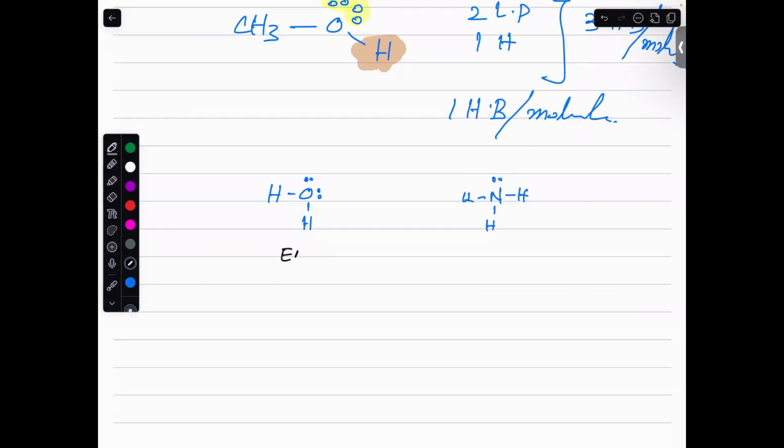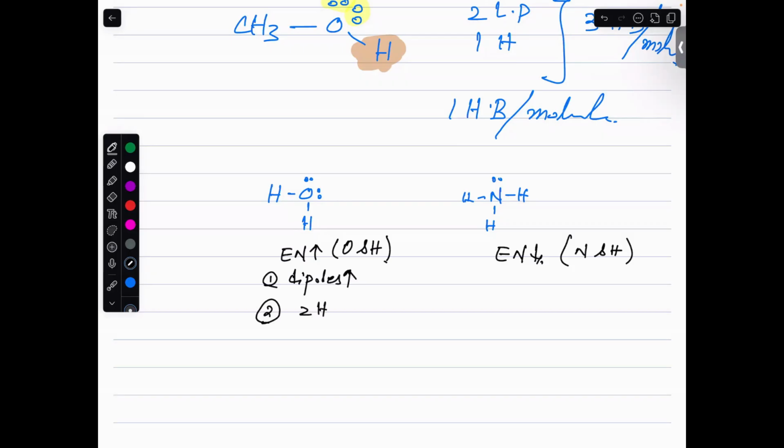The electronegativity difference is more between O and H, and less between N and H. So the dipoles are large. That is one point. Second, two hydrogen bonds per molecule.